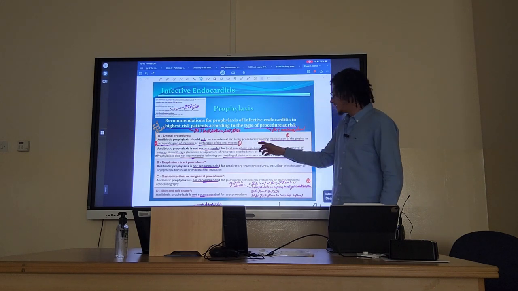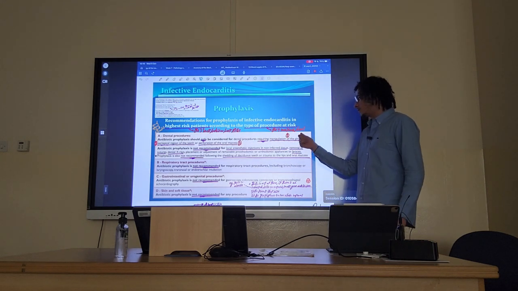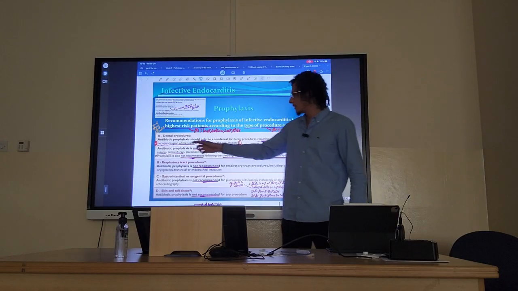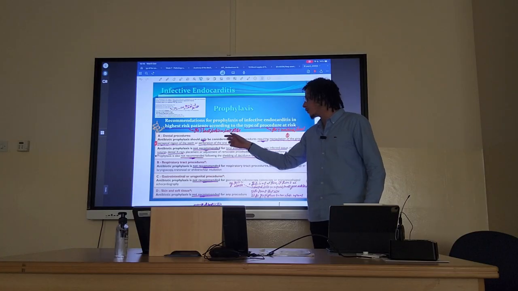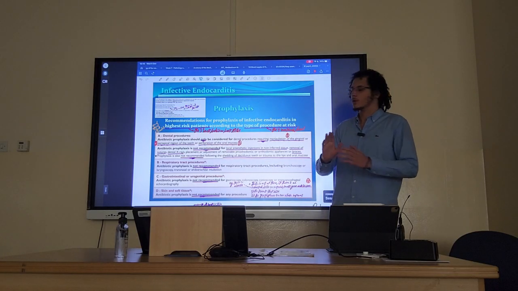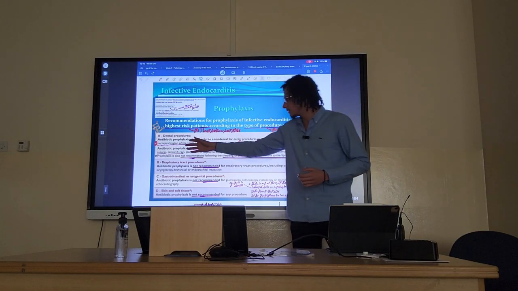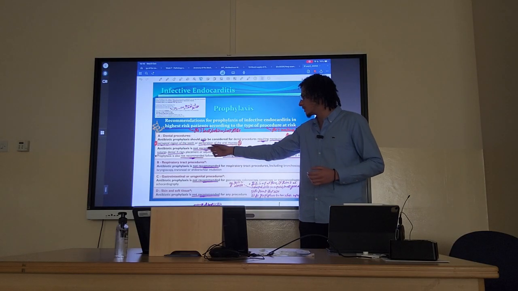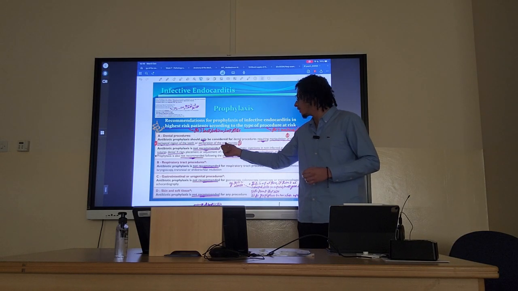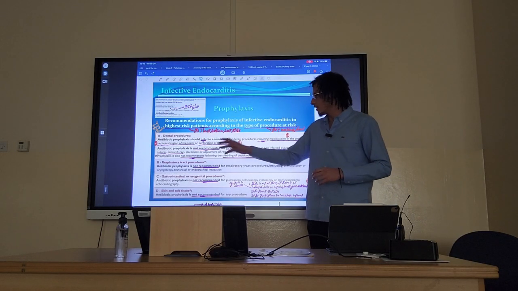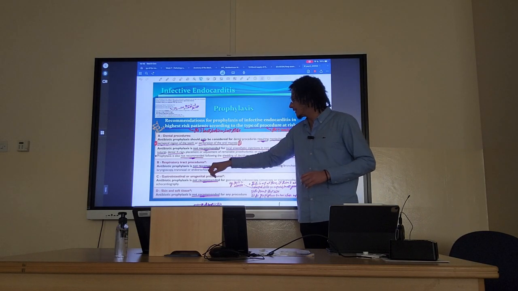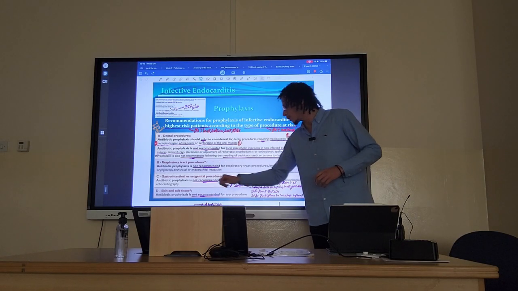Dental procedures requiring manipulation of the gingival or periapical region of the teeth, or perforation of the oral mucosa. Those are regions in the teeth, and this is perforation or laceration of the oral mucosa. Other than that, you would see not recommended, not recommended, not recommended.